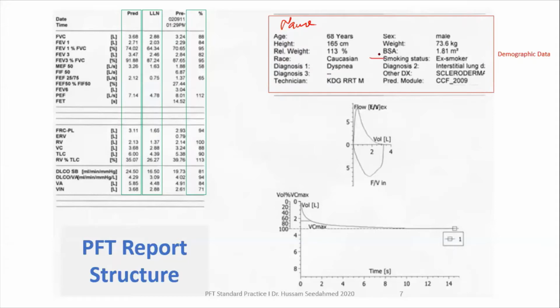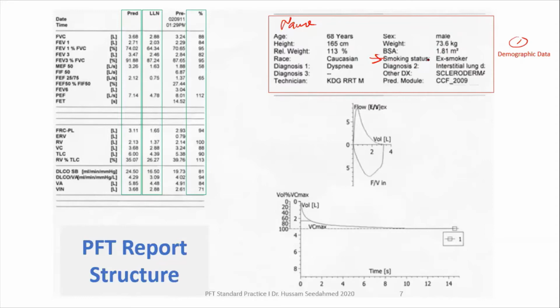Also, the smoking status is important. Is the patient a smoker or ex-smoker? Did he smoke before the test? This should be noted because some PFT measurements, especially for example the DLCO or the diffusion capacity, are really affected by the smoking status of the patient. So these are the first thing in the PFT report, that is the demographic data.